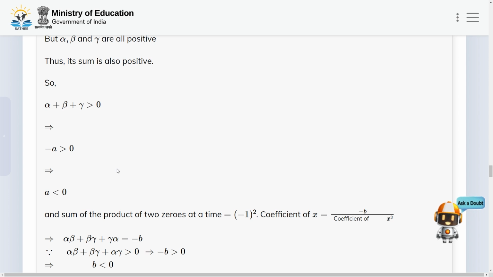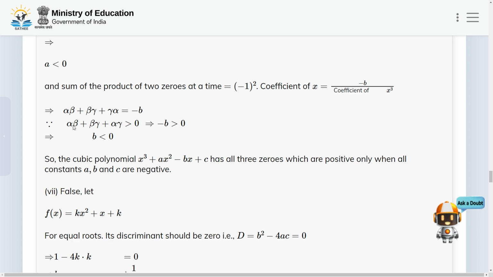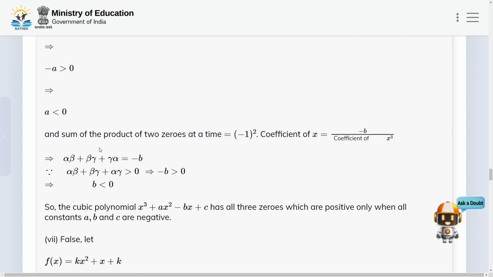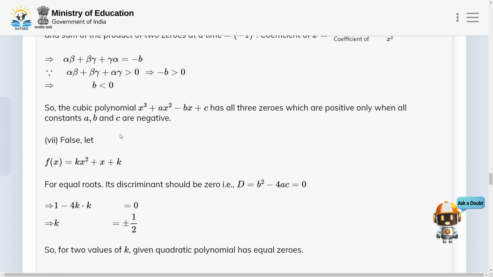Okay, and the sum of the product of two zeros at a time is equal to coefficient of x divided by coefficient of x cube. So alpha beta plus beta gamma plus gamma alpha is equal to minus b. And since alpha beta plus beta gamma plus alpha gamma is greater than 0, since alpha, beta, gamma, the three roots, are all positive, it implies minus b is greater than 0, and it implies b is less than 0.